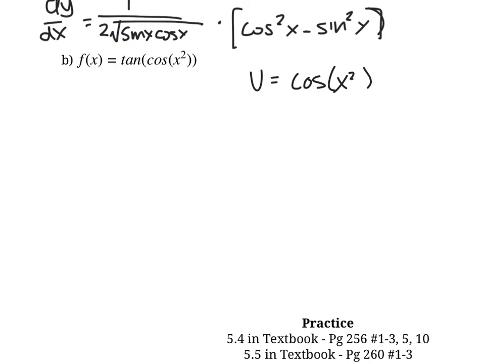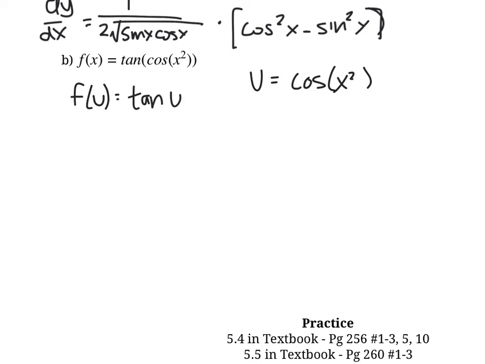And in that case, f of x just becomes, oh sorry, that's wrong, it should be f of u. f of u equals tan u, right?